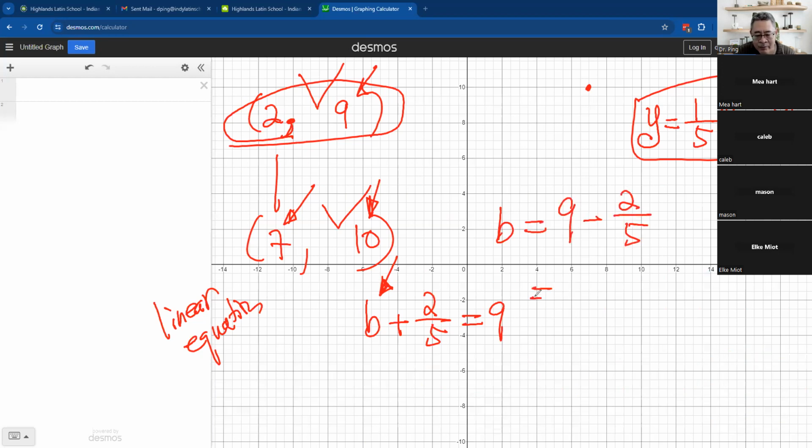Now, in order to do fractions, we have to keep the same denominator. So 9 we can write as 45 over 5, because 5 times 9 is 45, minus 2 over 5. And then now we have the same denominator, we can just work on the numerator. 45 minus 2 is 43 over 5. So that's what our b is.